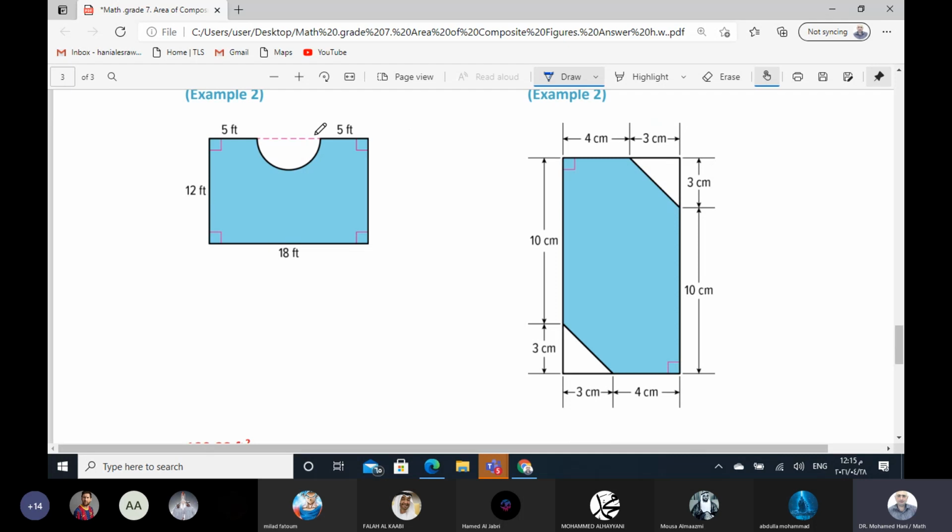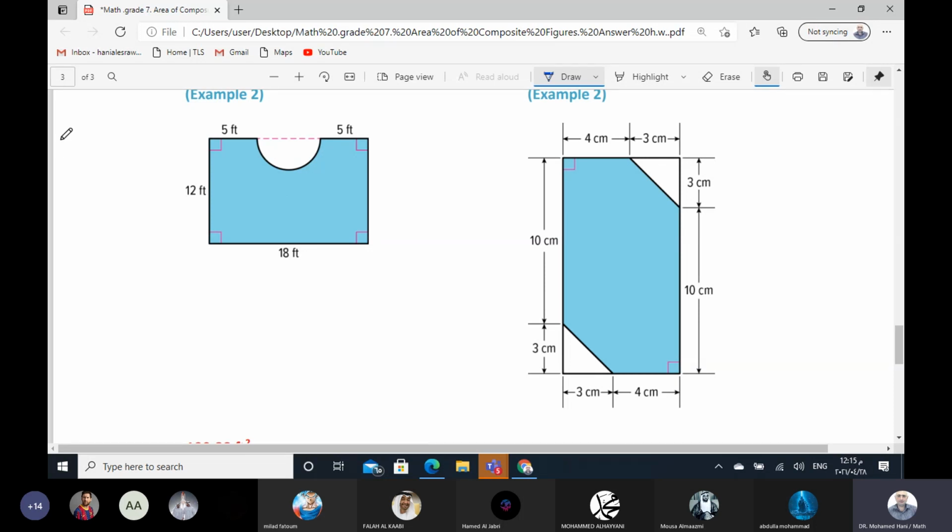In this figure, as you see, we have a rectangle, and here we have a semicircle. So to find the area of the shaded region, find the area of the rectangle, then the area of the semicircle, then you can subtract the area of the semicircle from the area of the rectangle.